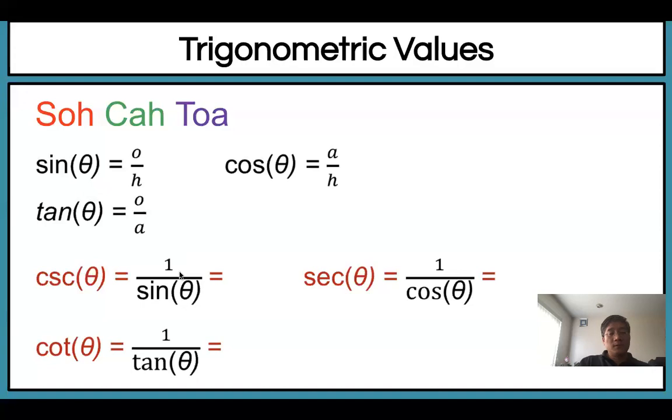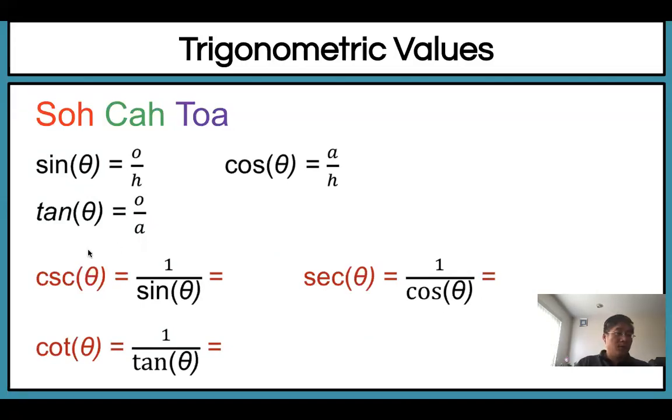If you take the reciprocal of opposite over hypotenuse, what do you get? Yes, hypotenuse over opposite. And secant, SEC. Secant of the angle is equal to what? This is the reciprocal of cosine, so 1 over cosine, which is not adjacent over hypotenuse, but hypotenuse over adjacent.